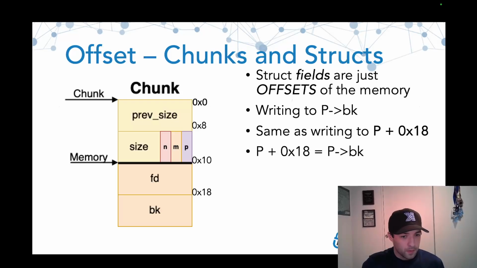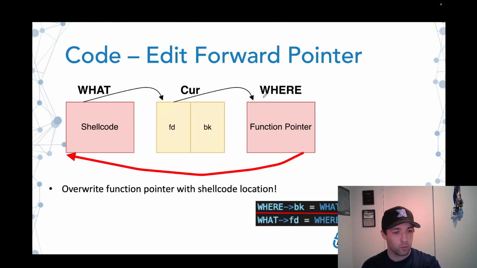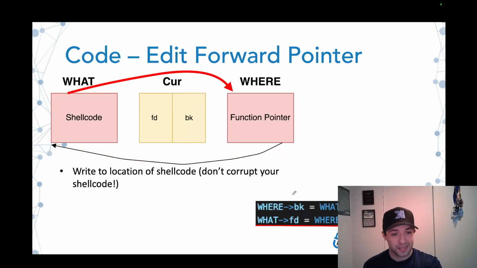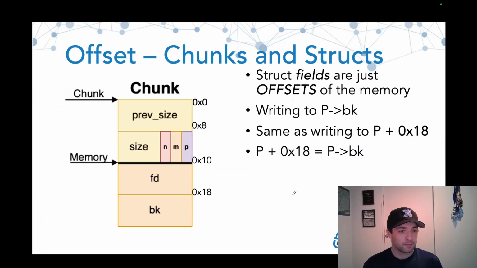Now, the thing that really trips people up here is this whole structure offset thing. So when we're writing to P of BK, like we are on this write-what-where step right here, the P of BK is actually equal to P plus hex 18.